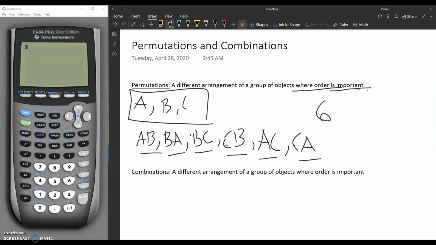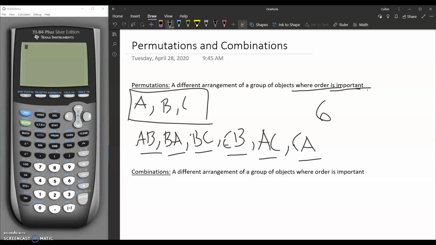So 6. And there's a formula for doing this, since we're going to get into larger numbers than this. You're not going to want to go through and count everything by hand, but in this one you could because there's only 6. Let me show you how you would use your calculator for this.